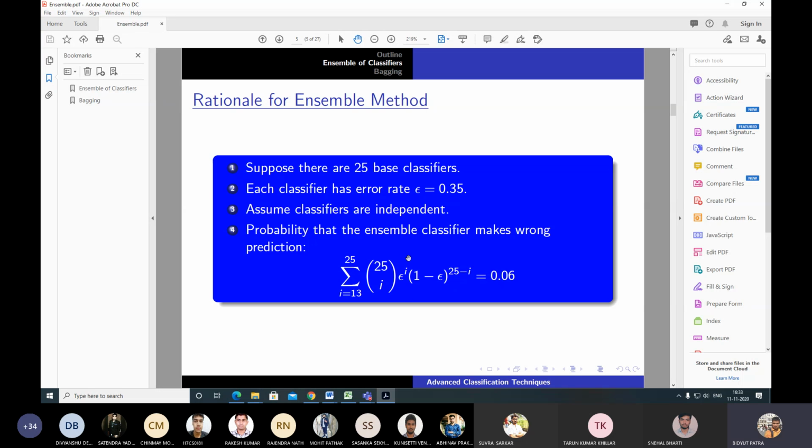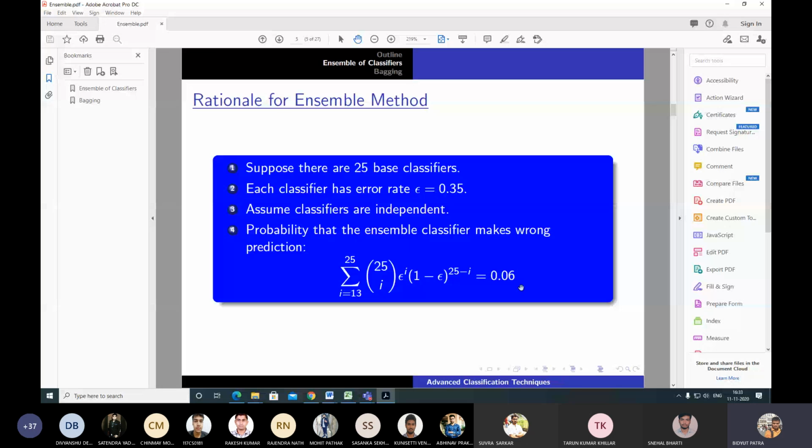The ensemble will be wrong only if at least 13 classifiers wrongly misclassify the object, so the summation starts from i equals 13. Then only we say there is an error. If you compute it, the error comes down to 0.06.